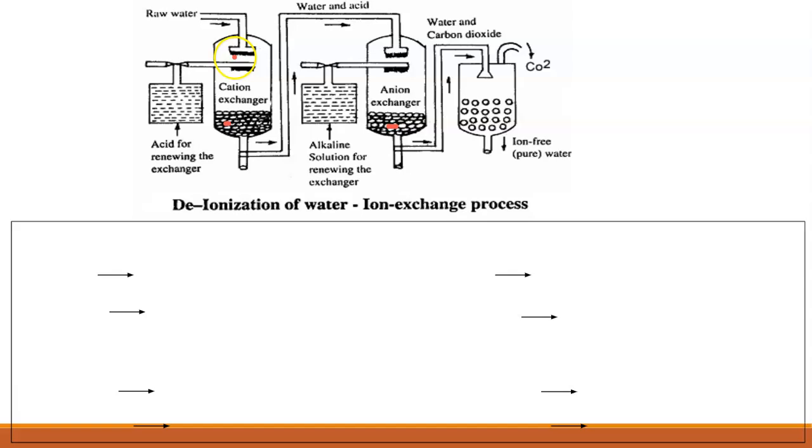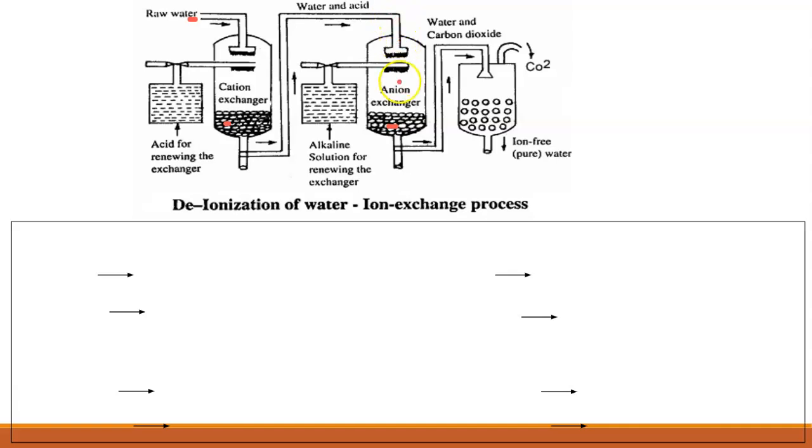First, the raw water enters from the top and passes through the cation exchanger, where all the cations present in the water are replaced by the H plus ions in the cation exchanger. Since the quantity of H plus ions increases in this water, we can also call it acidic water.